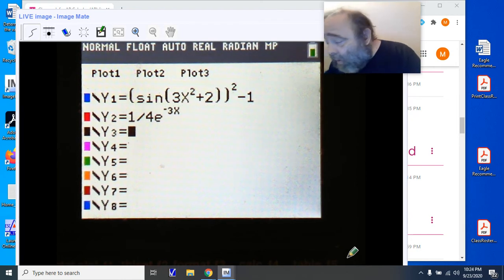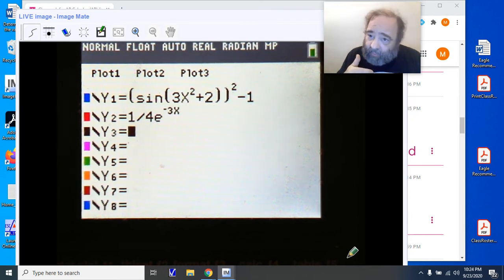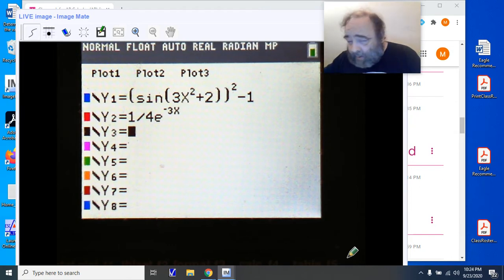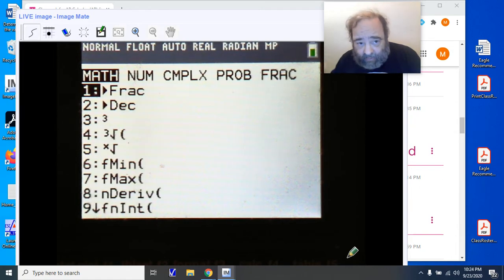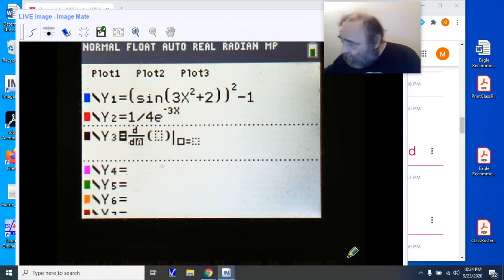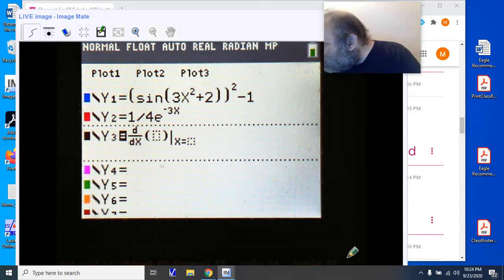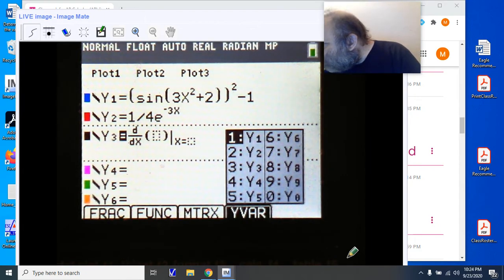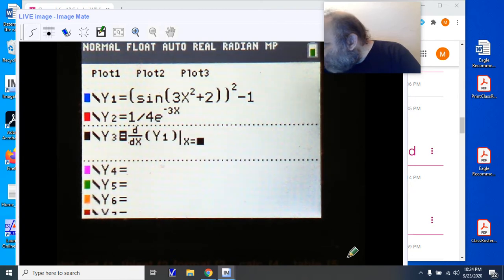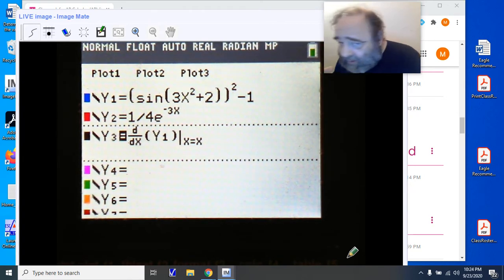Now, we've already talked about how to find a derivative. Finding the derivative is under Math 8. So you are expected to hit Math followed by 8, and you're going to put an X. For those of you with the old calculator, that's nDeriv. Remember, Y1 of X, and we're going to put an X. So I'm going to put my Y1 in, and I'm going over all x values.